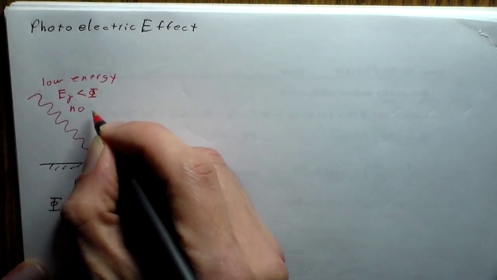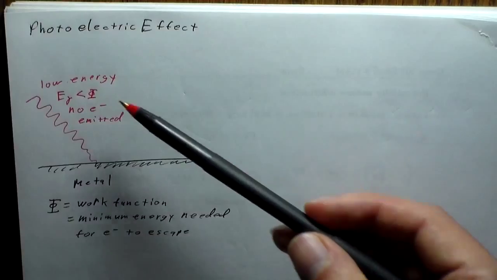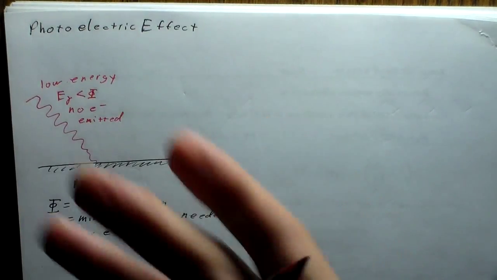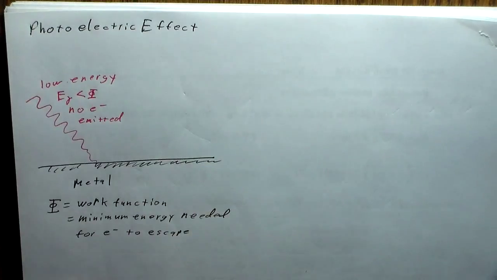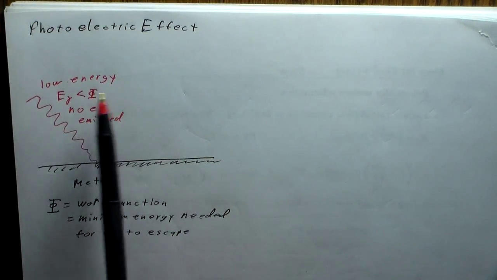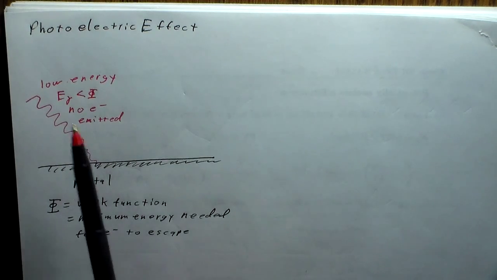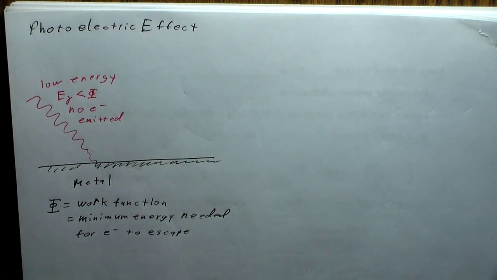In this case, no electron is emitted. In other words, if you're below the escape velocity of the Earth, like if I just take this pen and throw it up, it's not going to escape the Earth. It's the same thing here. You need a certain amount of energy to kick that electron off of the surface of the metal. For low energy photons, if it's below that energy, the electron might hop a little bit, but it's not going to escape.